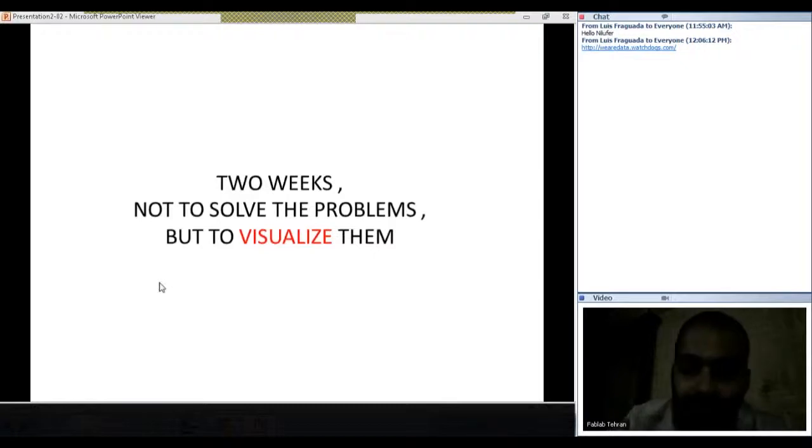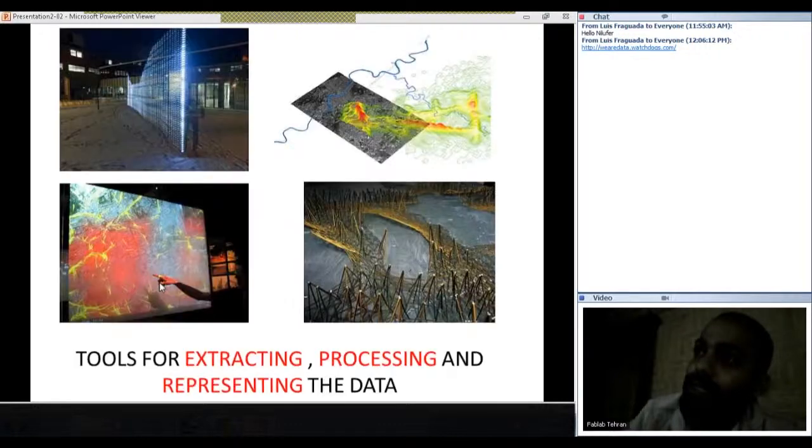One of our main samples for this is the Sensible City at MIT. As you can see here, these are some projects that are dealing with the extraction of data, processing, or a unique way of representing it.